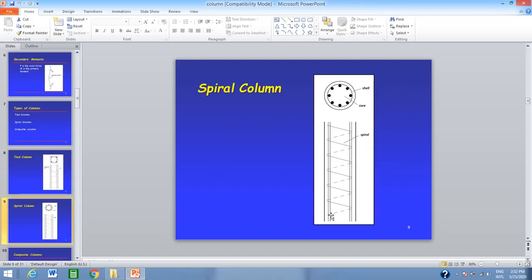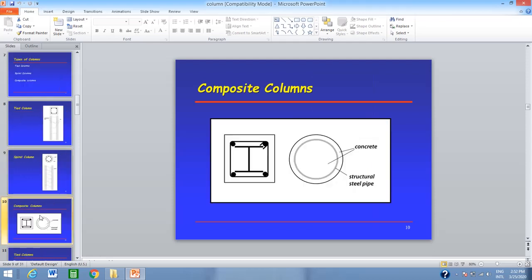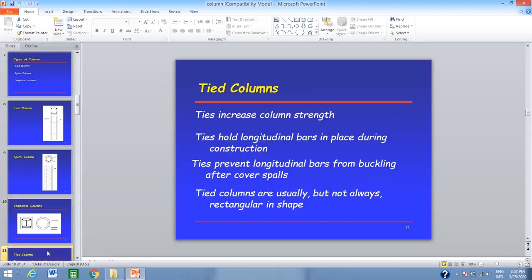In the spiral column, the spiral is provided to tie up the longitudinal bars, and generally it has a circular section. A composite column, as the name indicates, is made of two materials: a steel section here, then there is reinforcement, and then there is concrete here.